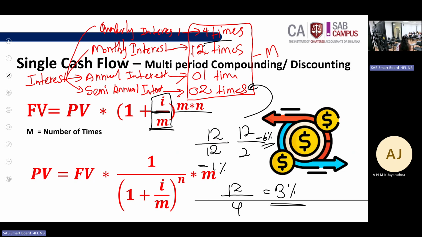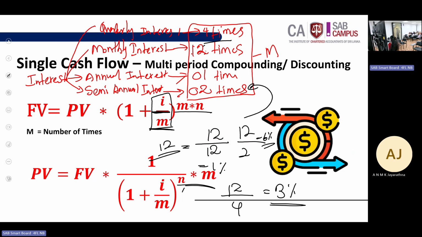Right? Number of years, that is called N. Previously, we received interest 1 time. Now we receive the interest how many times? N multiplied by M number of times. If it is monthly, how many times you are receiving interest? 12 times you have to compound it, with the interest rate 1%.